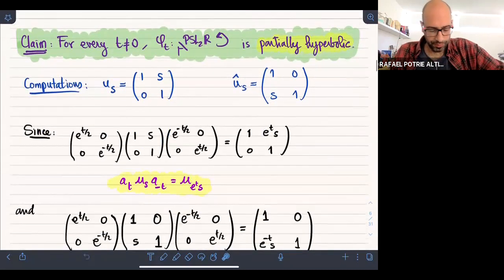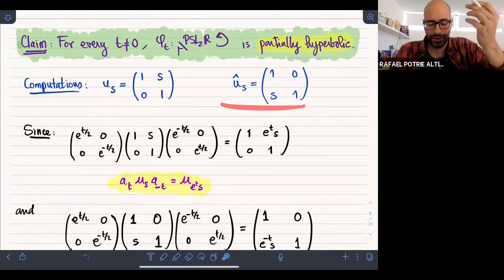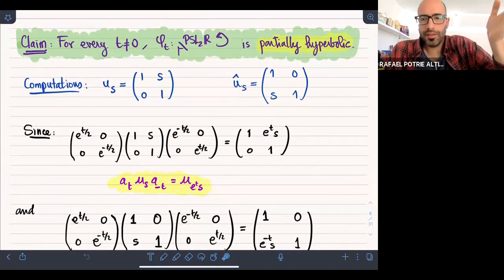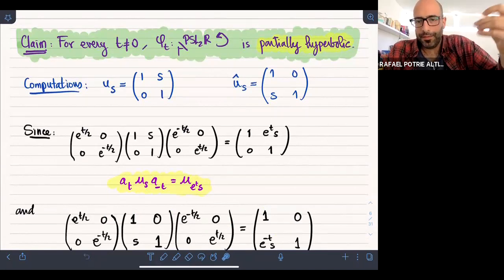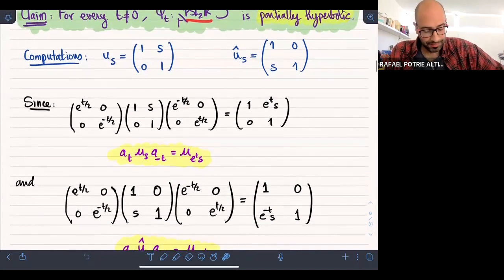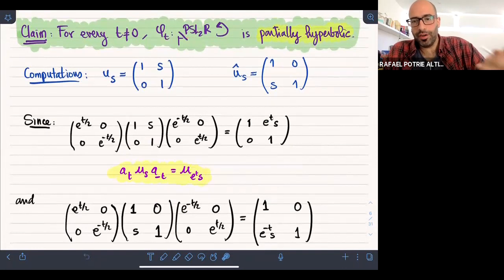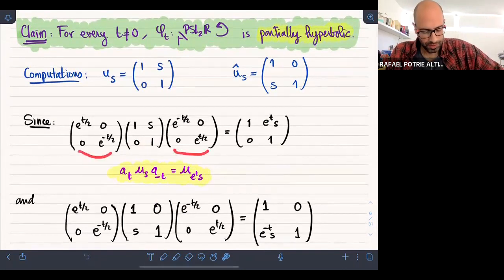And so the reason the computation will be simple is because I know the answer, so I know where to compute. But it's not so hard. So these two are one parameter subgroups of PSL2R, and they have a very nice property of commutation with respect to the geodesic flow, which is this one.